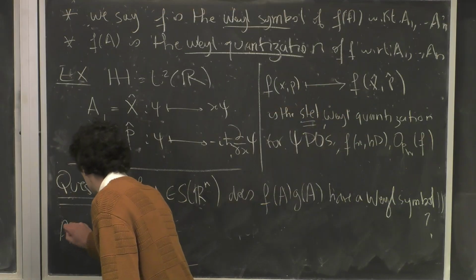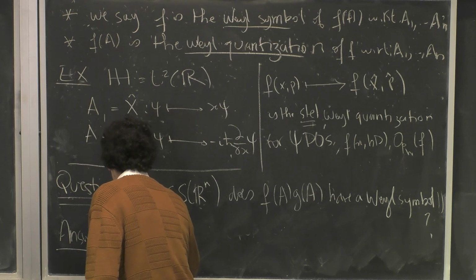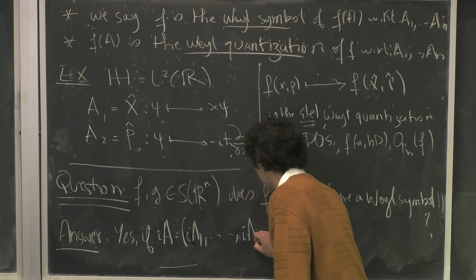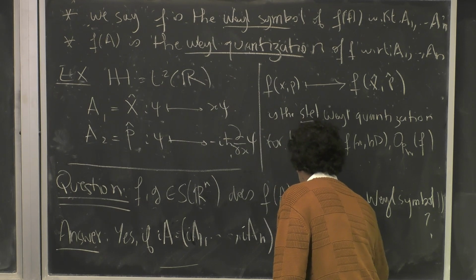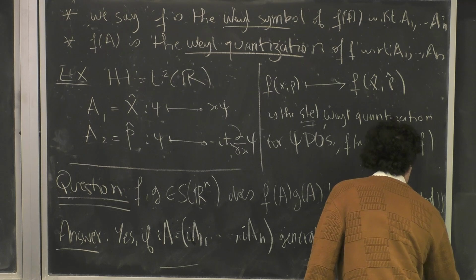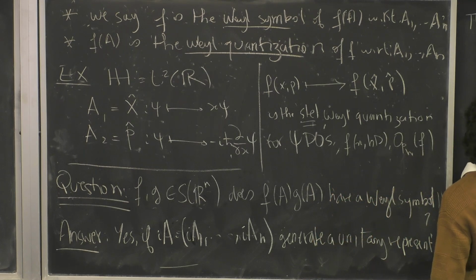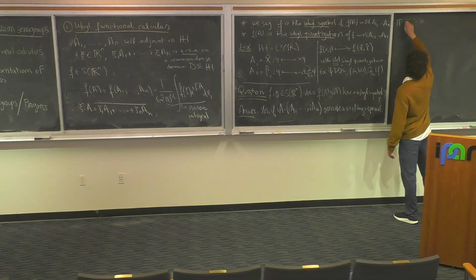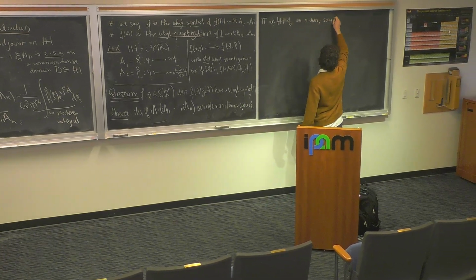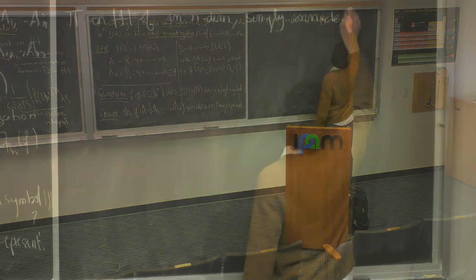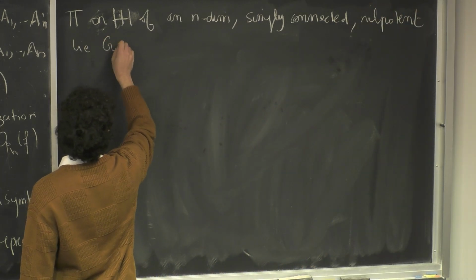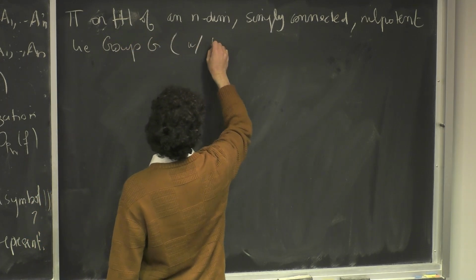So answer, yes, if the tuple ia1 to ian generate a unitary representation pi on H of an n-dimensional, simply connected, nilpotent Lie group G. And let me just for now denote its Lie algebra as well.